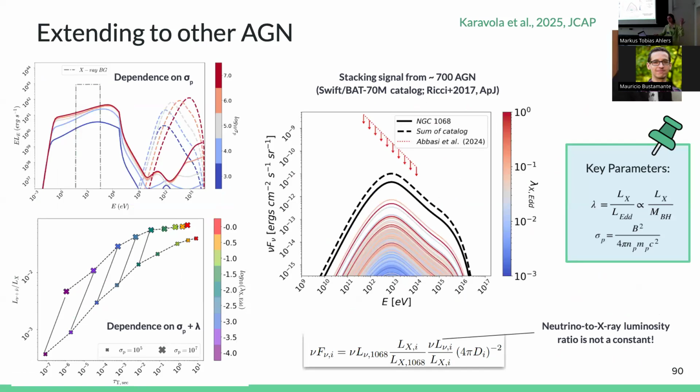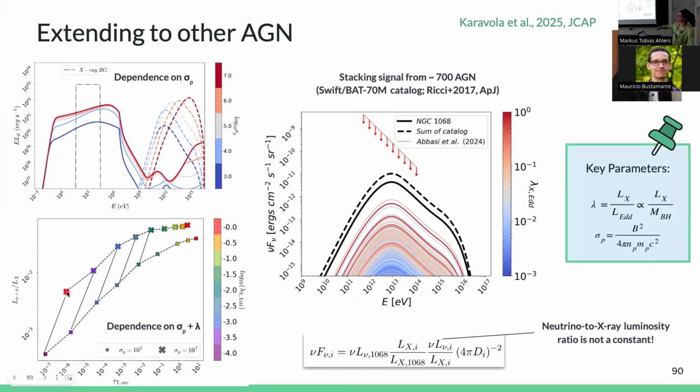This F parameter that I discussed before, this efficiency factor, changes with sigma p. And she parameterized that, and showed analytically and numerically that the neutrino to X-ray luminosity, which is a measure of the efficiency, so how much energy is transferred into neutrinos compared to the X-rays, is a function of sigma p.